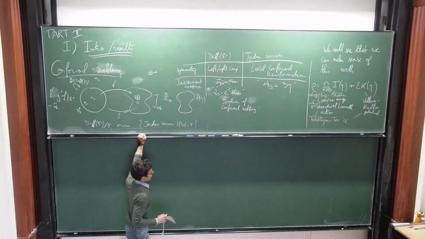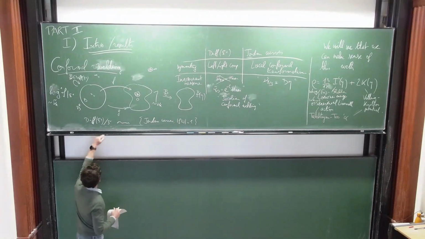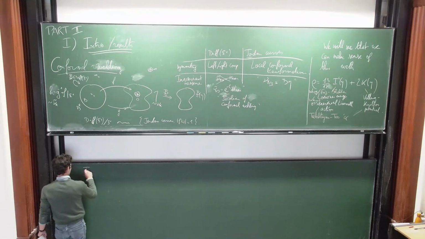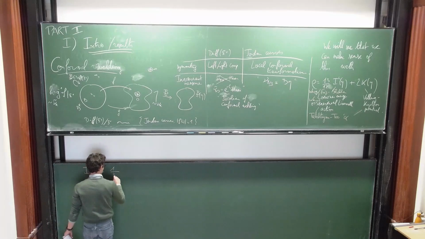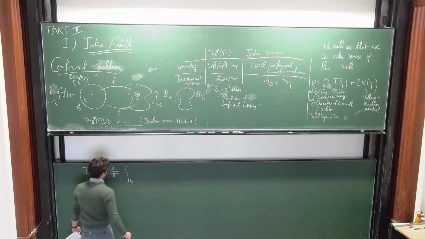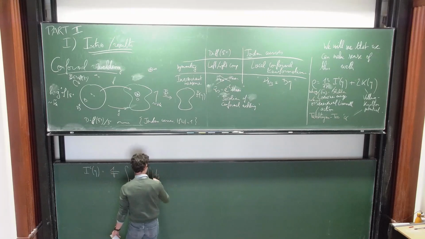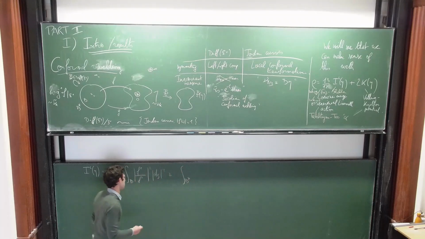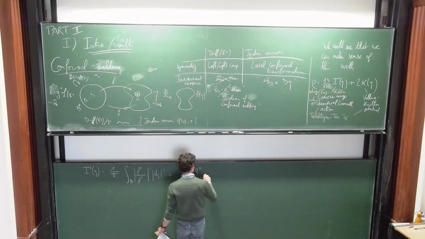So what are these quantities? These are things that I can measure from these conformal maps. IL of beta is 1 over pi times the integral on the disk of f double prime over f prime squared. I'm just writing the formula for completeness, but it's not easy to memorize.